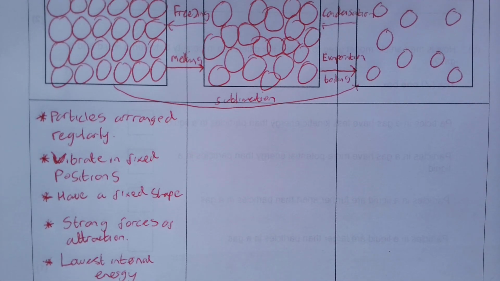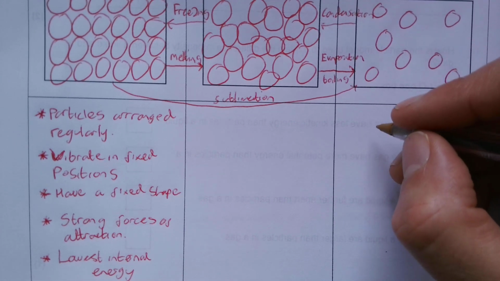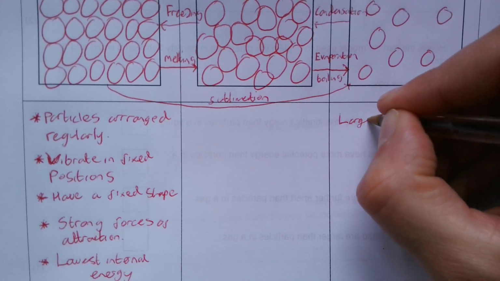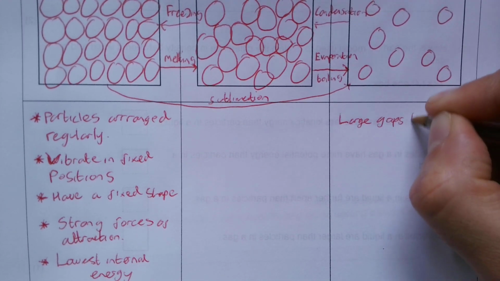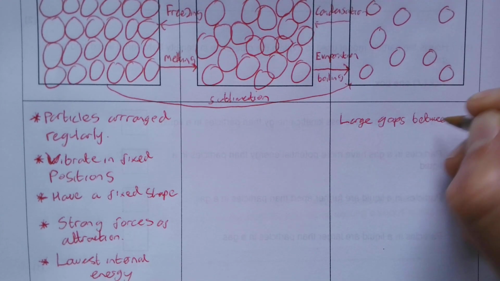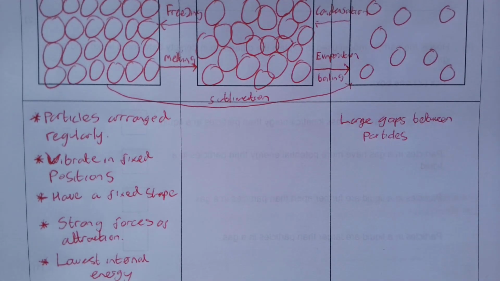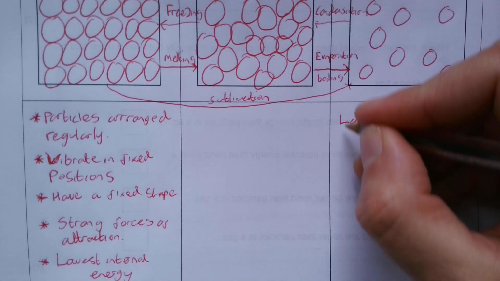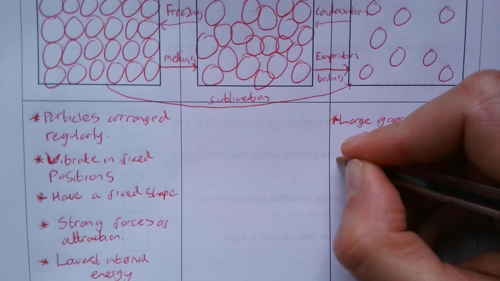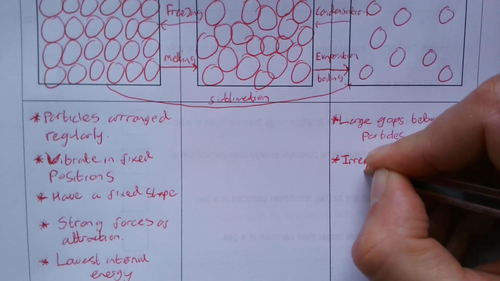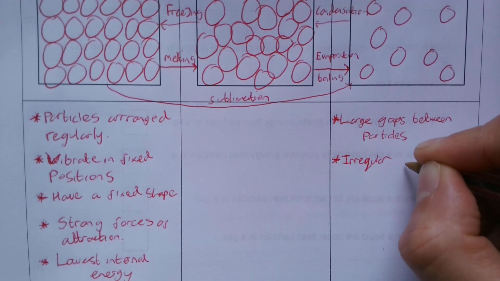So there are large gaps between particles. Obviously, solids have no gaps between the particles. They are arranged in an irregular way, so we can say irregular arrangement.